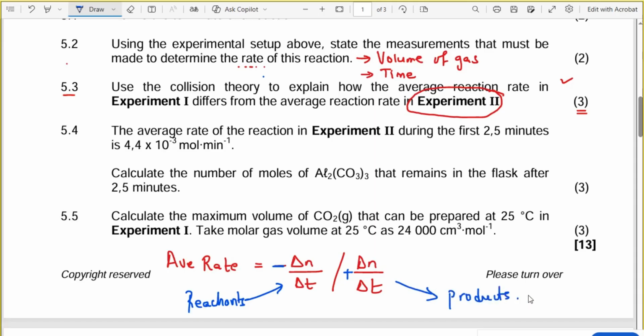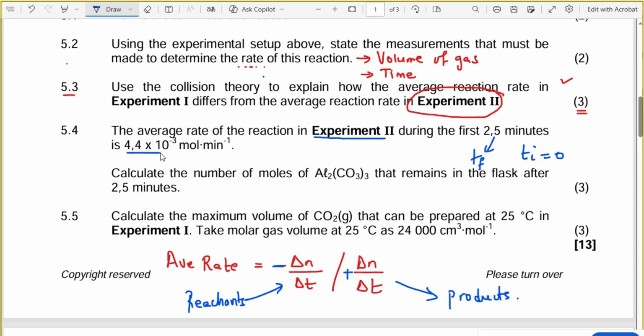I'll definitely show you guys how this works now. So now I'm looking for the average rate in experiment 2 during the first 2.5 minutes. This is my delta T. This 2.5 is my T final, my final time, and the T initial starts at 0.